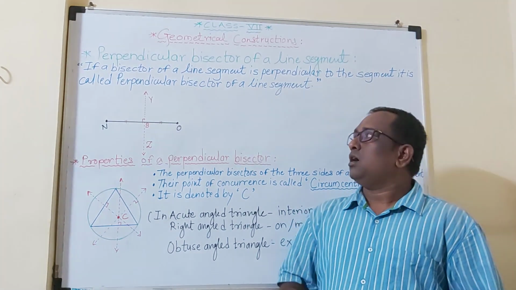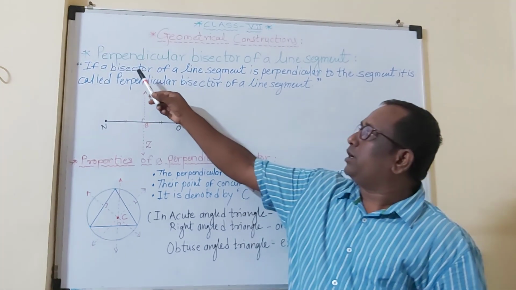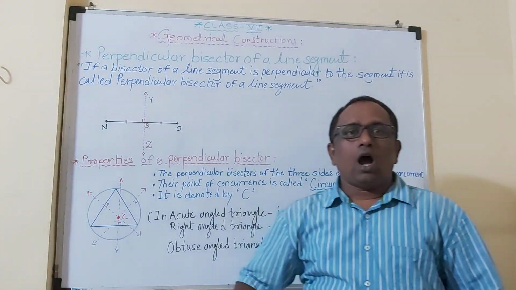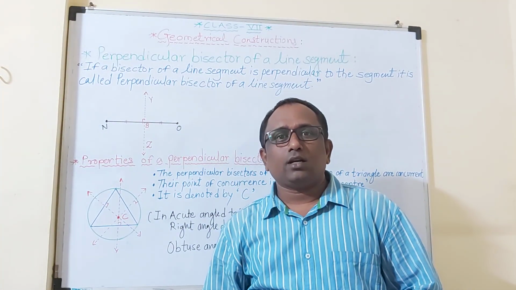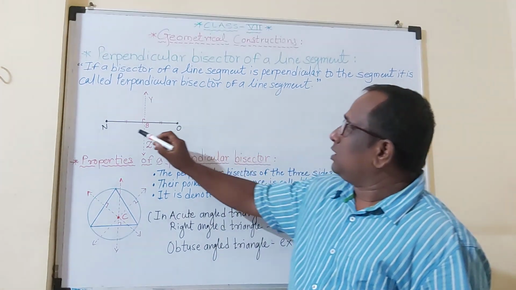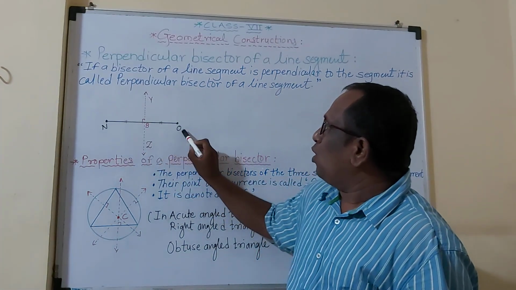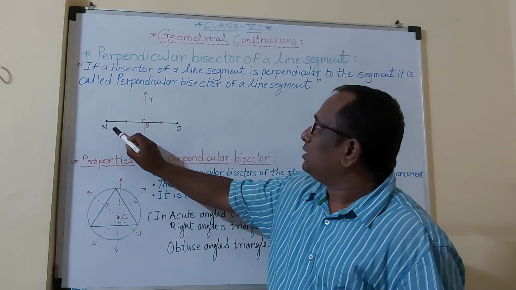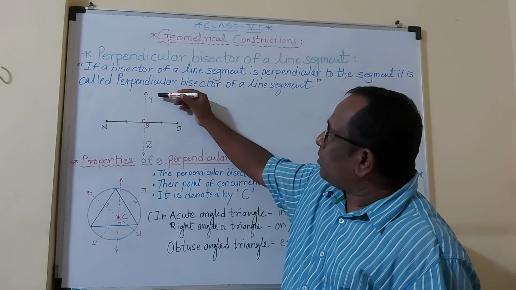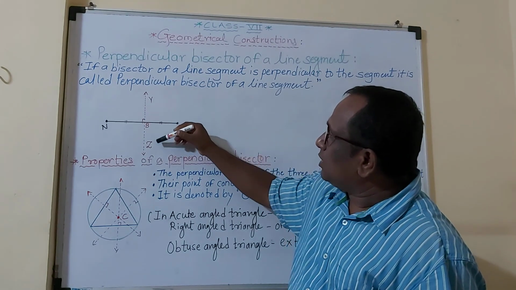Now students, our next point is perpendicular bisector of a line segment. How to draw the perpendicular bisector, you learned last year. Now see students, this is a line NO, and this line segment NO has a perpendicular bisector YZ.